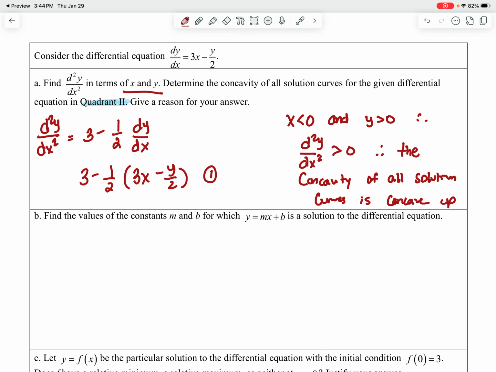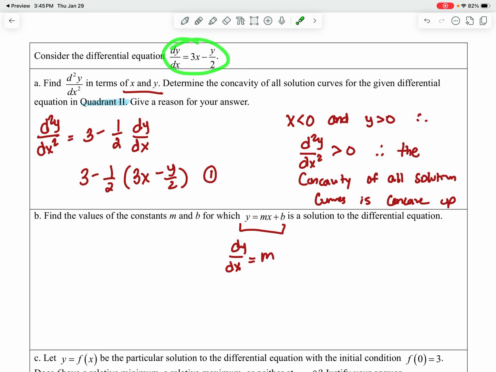Now, find the values of the constants m and b for which y is equal to mx plus b is the solution to the differential equation. Well, if I take the derivative of this, that's just m. Now, if that's m, I'm going to have to set that equal to this derivative right here. So now I have m is equal to 3x minus y over 2.